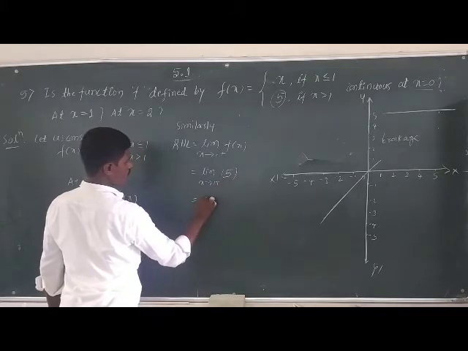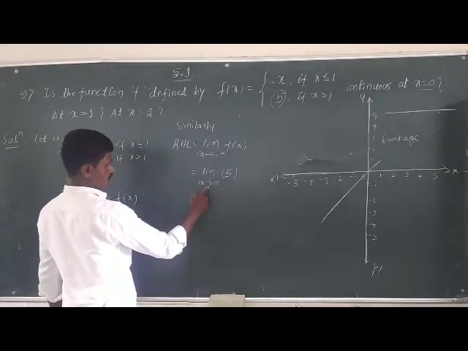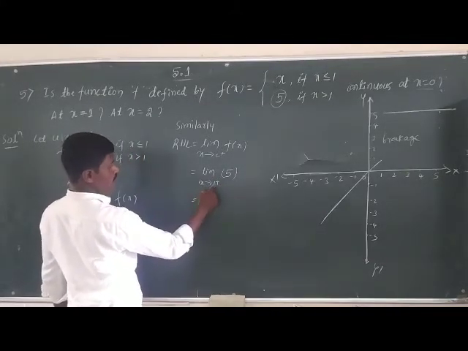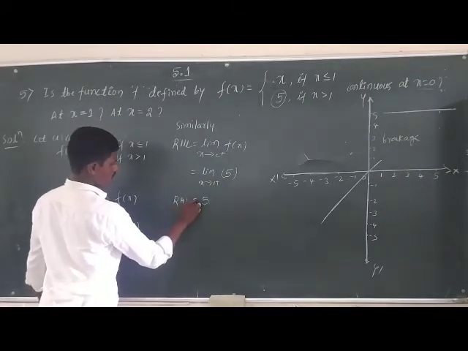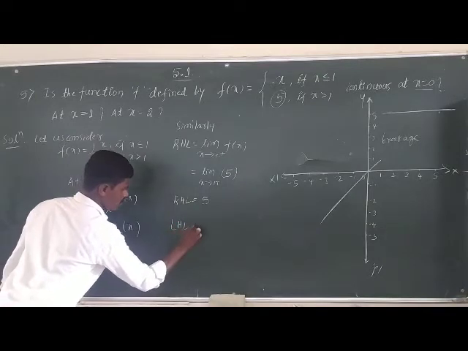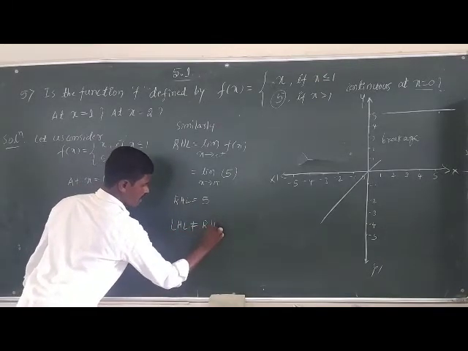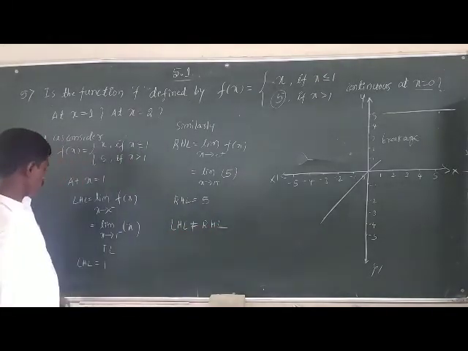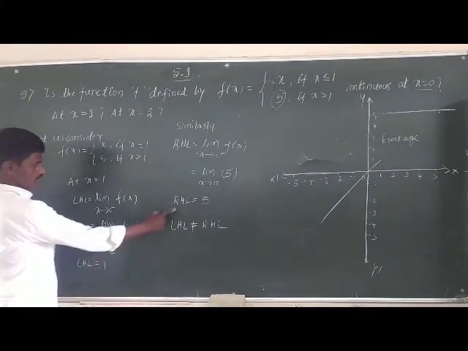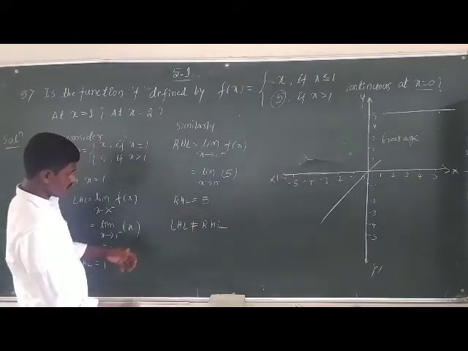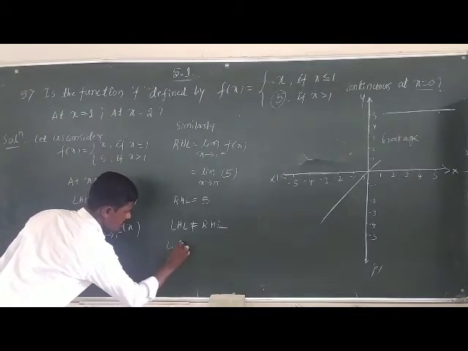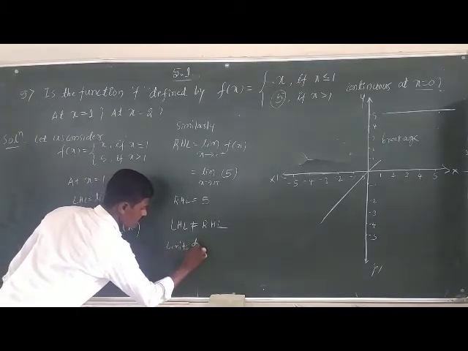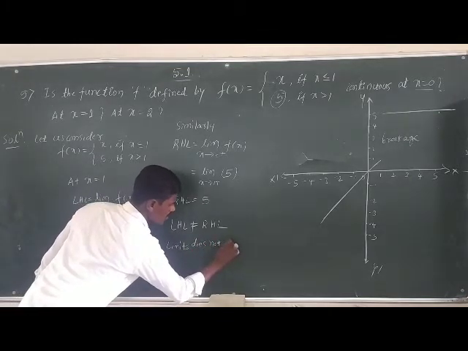This is RHL. Therefore LHL is not equal to RHL, because LHL is 1 and RHL is 5. Hence the limit does not exist.